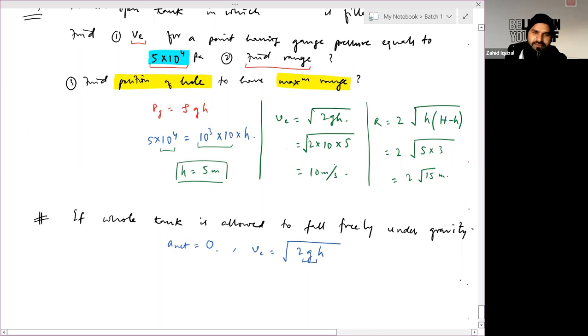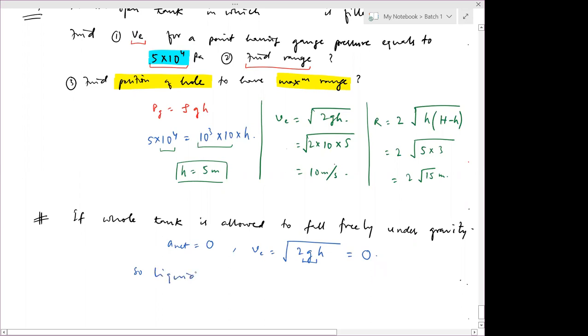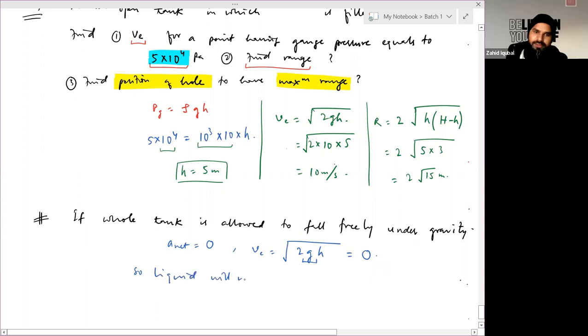So if you put the value of net acceleration to be 0, you will get 0. It means under free fall, there will be no ejecting out of liquid. Is it clear? Yes, sir. So liquid will not eject out.